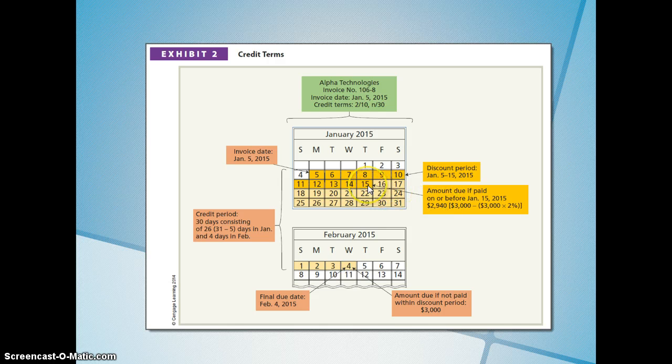If they decide to not pay within the 10 days, then they've got 30 days from the invoice date. So 30 days from the invoice date is February 4th, and if they pay within that time period, they have to pay the full invoice amount of $3,000. So 2% discount within 10 days. If not, the net amount is due in 30.